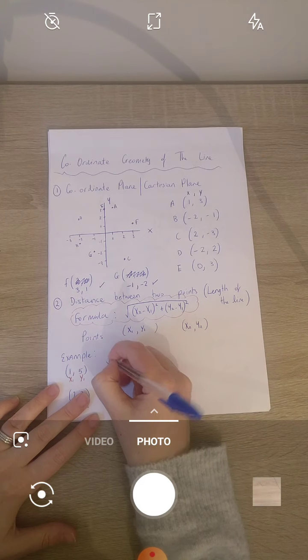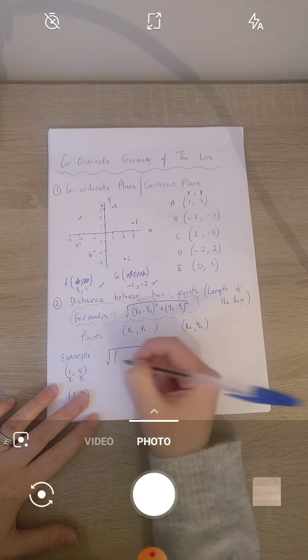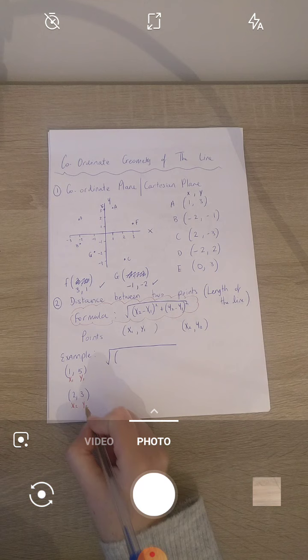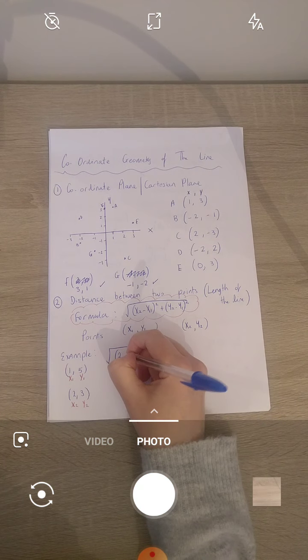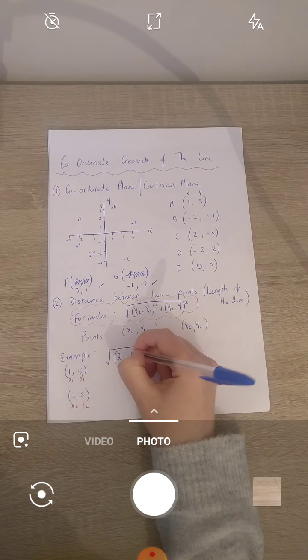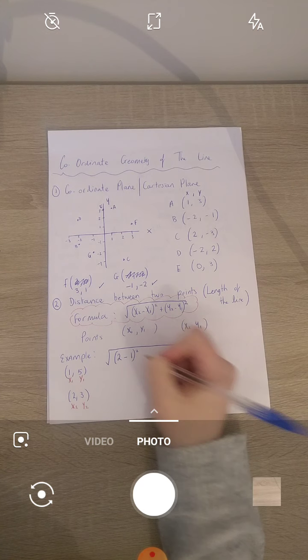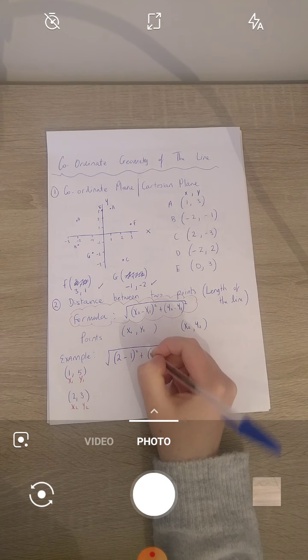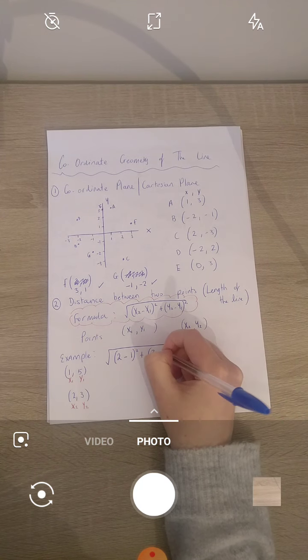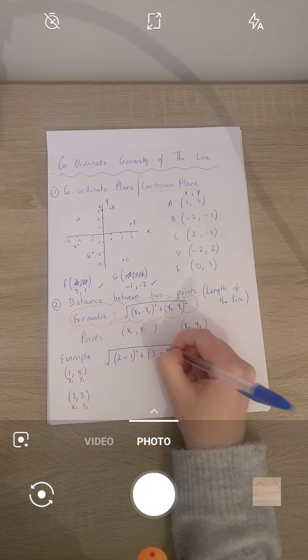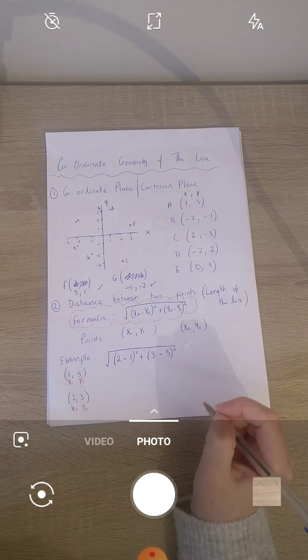So our distance formula is the square root of x2 minus x1. x2 is 2, minus x1 is 1, and all of that is to be squared, plus y2 is 3, minus y1 is 5, and all of that is to be squared.